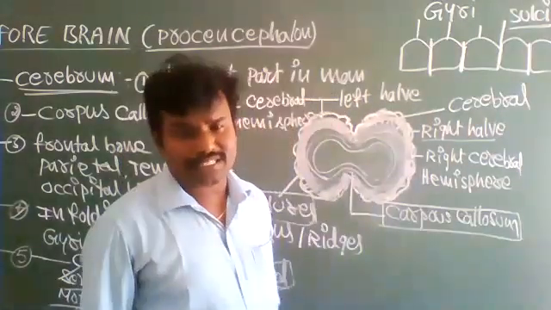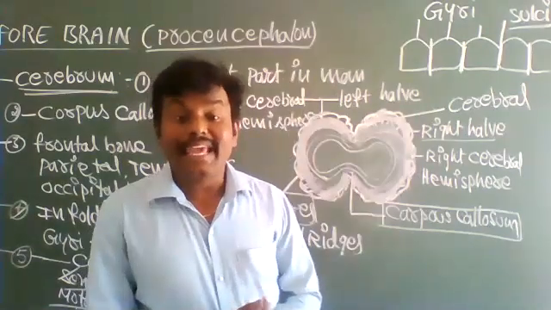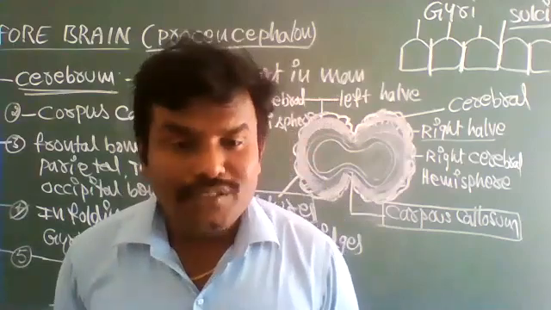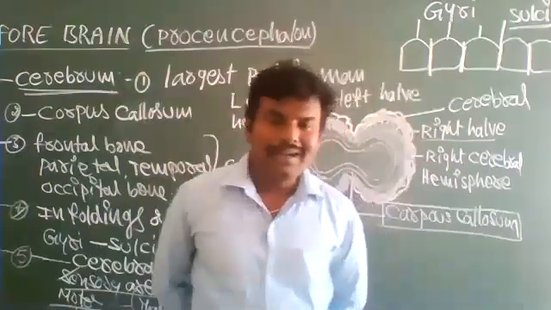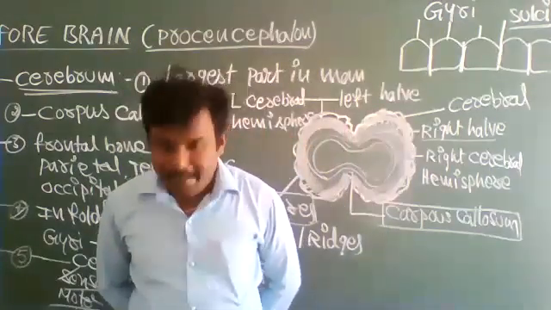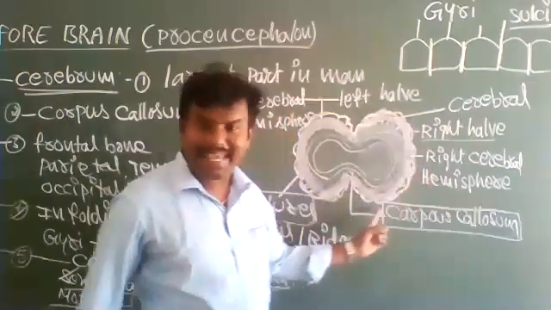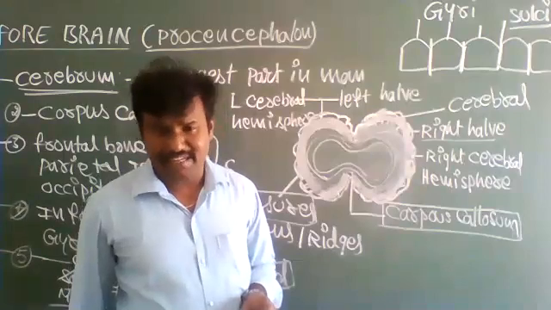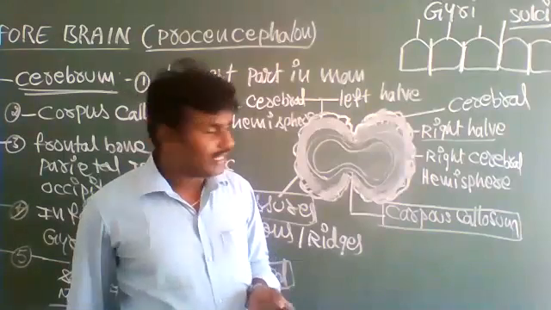The cerebral cortex looks gray in color due to the presence of cell bodies, dendrons, and synapses of neurons. Due to them, the external surface of the brain looks gray.